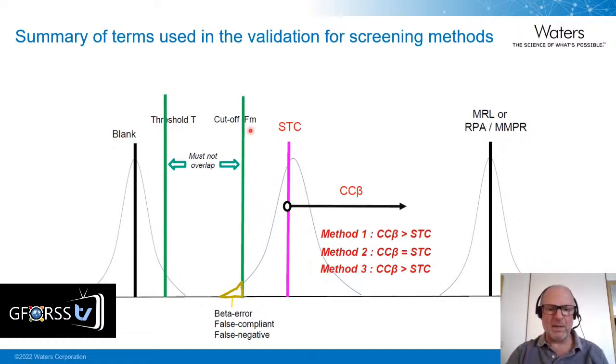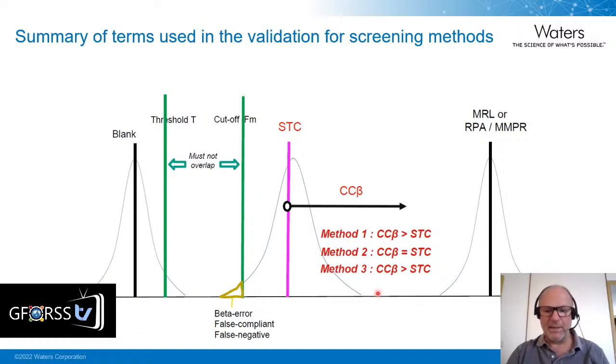When we look at the cutoff value, then again, similar approach, but we took the measurements around the STC, the actual STC minus the standard deviation times that K factor of 1.64, which gave us our cutoff value from which we could determine the false negative rate.